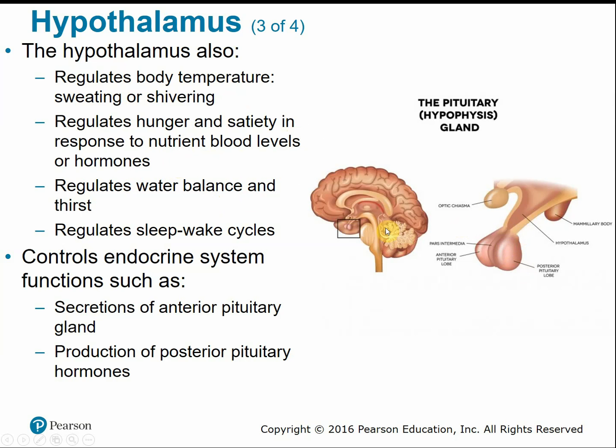It also helps regulate the sleep and wake cycles. One of its primary roles is in controlling the endocrine system. We'll talk about the endocrine system in 2114 next semester, but it helps to regulate secretions of the anterior pituitary gland as well as produce some posterior pituitary hormones itself.